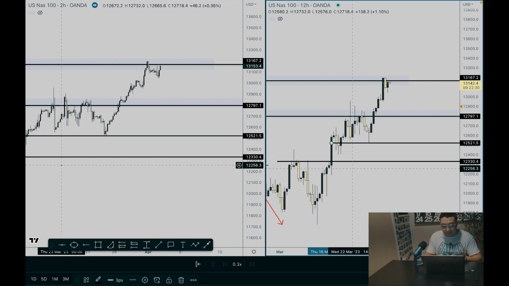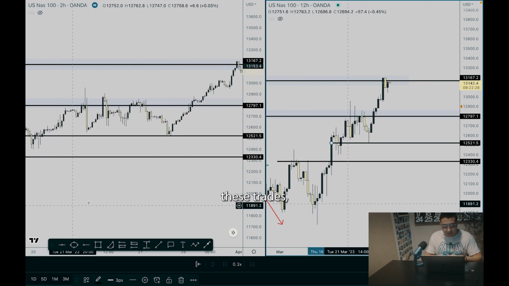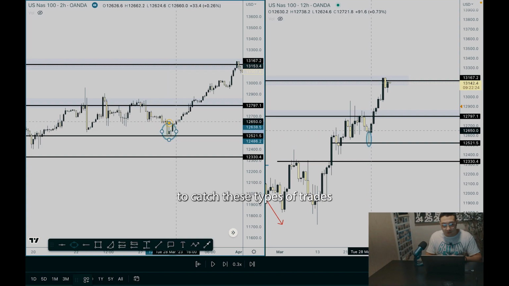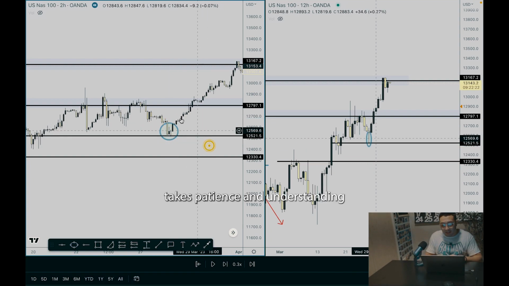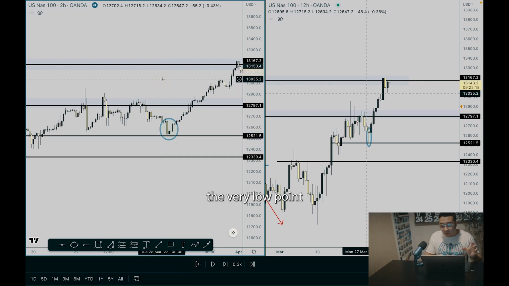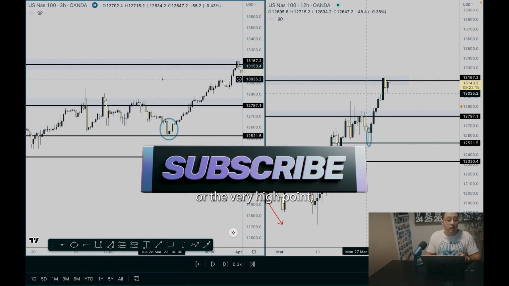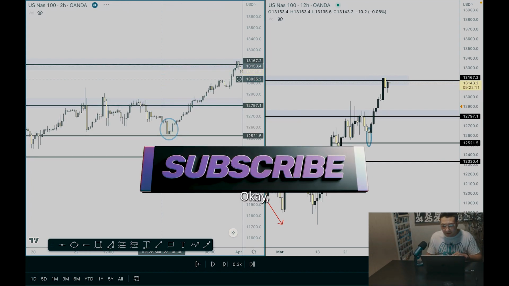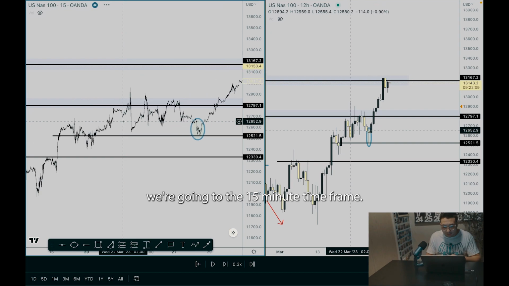Clean retest. To catch these trades, I'm going to apply the ellipse tool again. To catch these types of trades takes patience and understanding what you need to see. You don't have to catch the very low point or the very high point, but you can catch it early on when you see on the lower time frame things are starting to transition. So on the left, we're going to the 15-minute time frame.